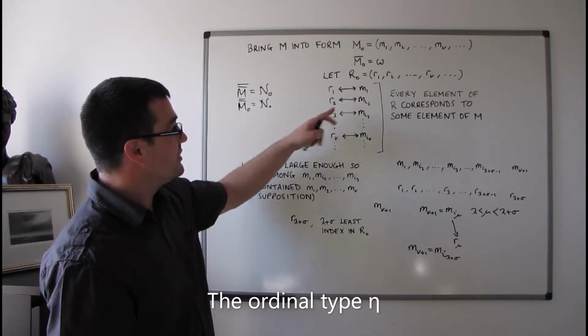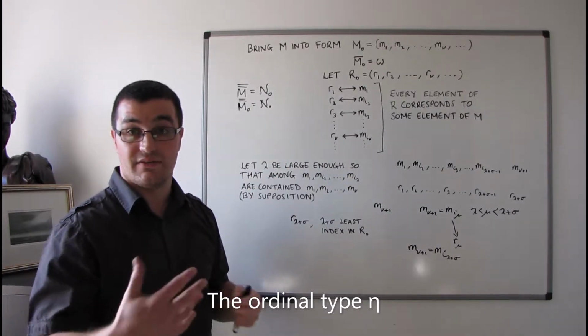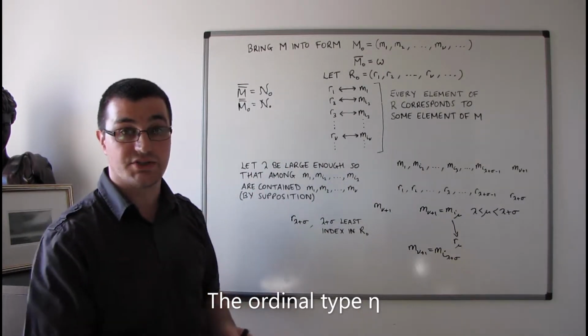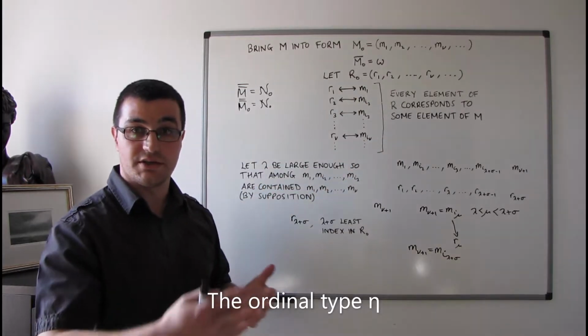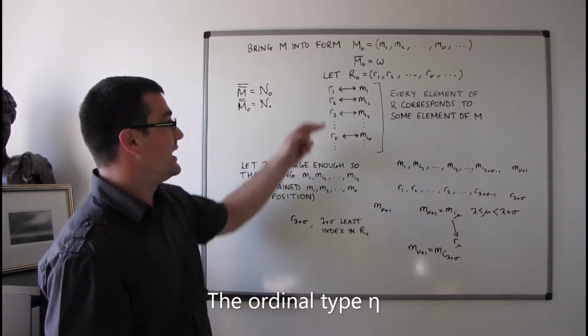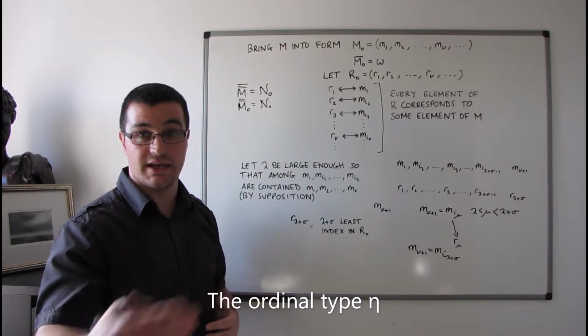But not only that, all of these elements here that correspond to these elements over here have exactly the same ordinal relationship. All of these elements have the same ordinal relationship in M to one another as their corresponding elements have over here to one another in R.